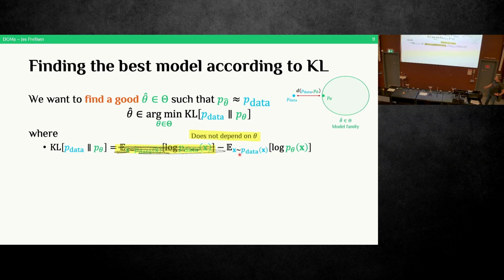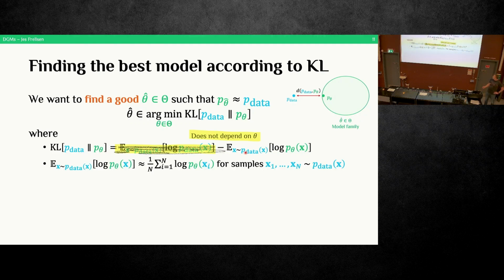Of course, we don't have access to the data generating distribution, just samples from it. So I cannot calculate this expectation, but I can calculate a Monte Carlo estimate of it. I take my samples and the mean of the log probability of our samples, and that's an approximation of this expectation.